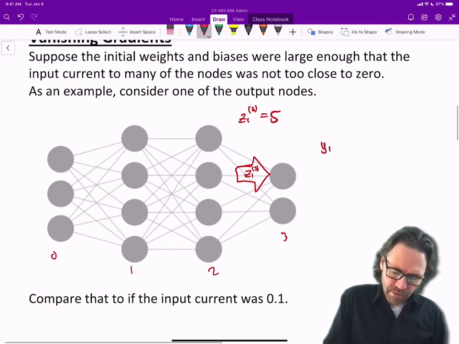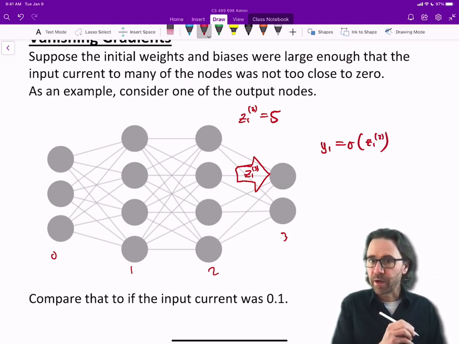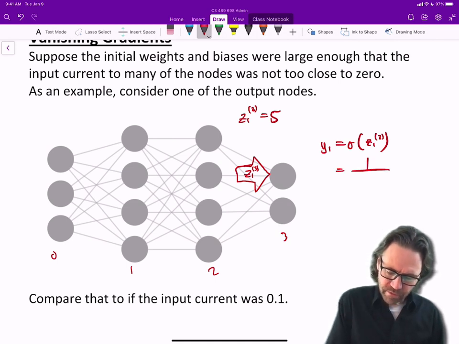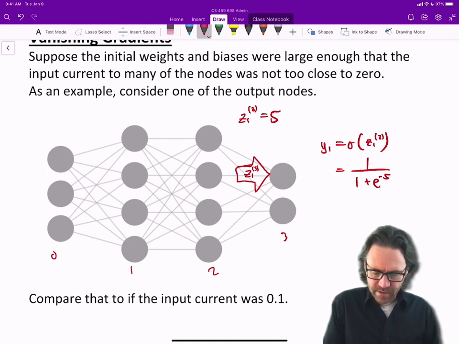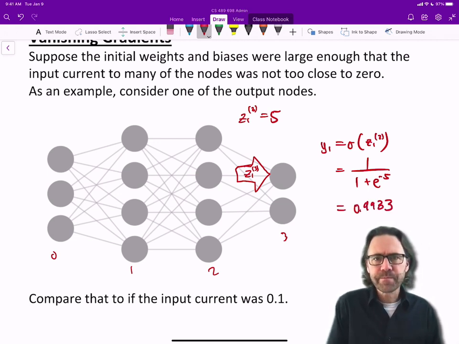And let's say it's a logistic node. So then Y1 is sigma of that, which is 1 over 1 plus e to the minus 5. And that equals about 0.9933.